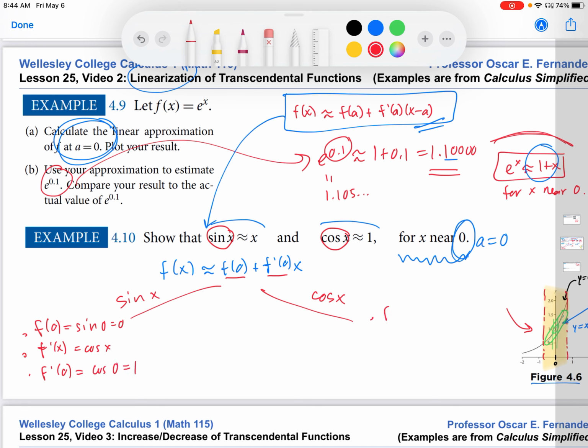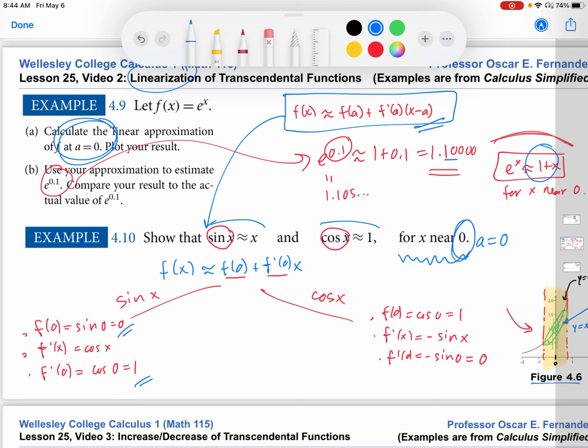Over here, thinking of cosine x as f of x, f of 0 is cosine of 0, that's 1. f prime of x, the derivative of cosine, is negative sine, and then f prime of 0 is minus sine of 0. We know sine of 0 is 0, so there we go. These are the values I need.